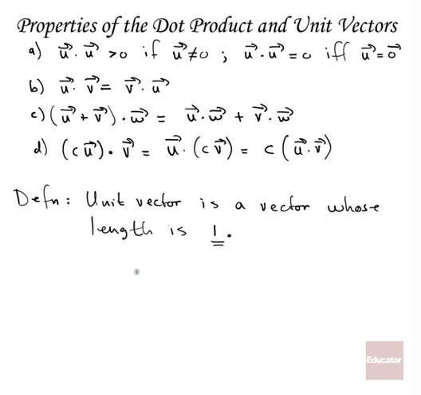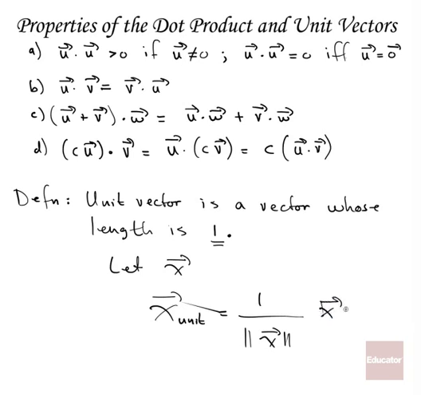And if you're given, so let x be any vector, the unit vector, which I'll actually notate as x with a little unit written down below, is equal to 1 over the magnitude of x times the vector itself.